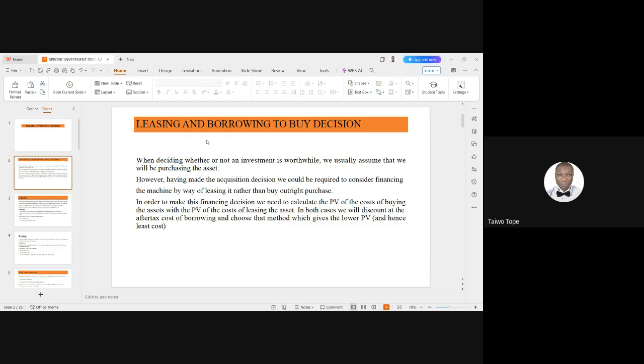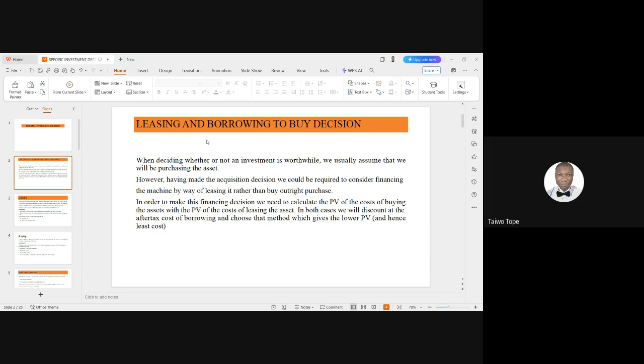So we discount all costs to their present value using the after-tax cost of borrowing, so as to determine the effective interest rate after tax savings on debt. So these are certain key components that organizations have to look out for when trying to invest in specific projects.